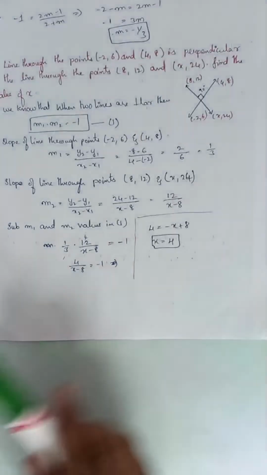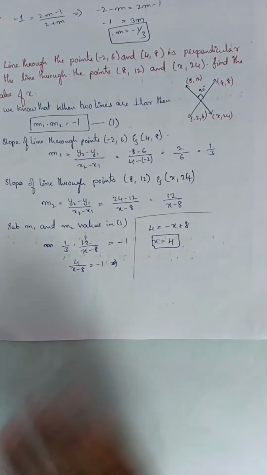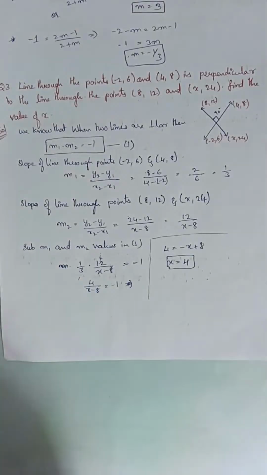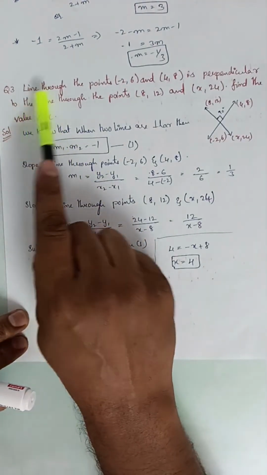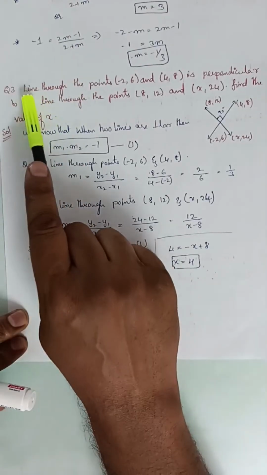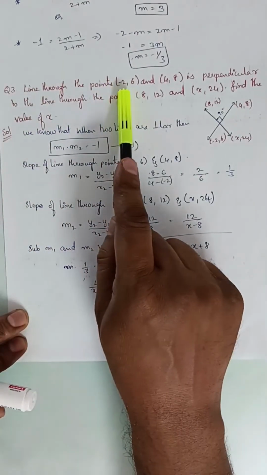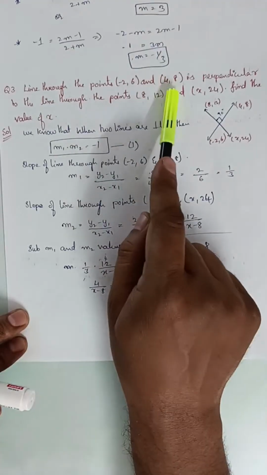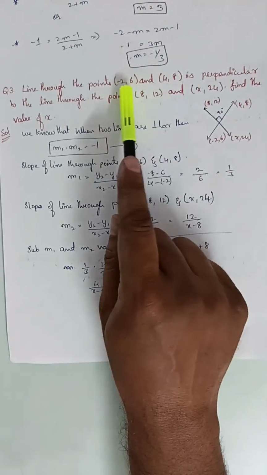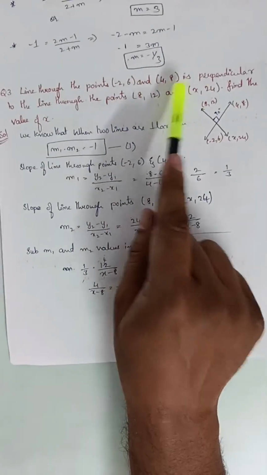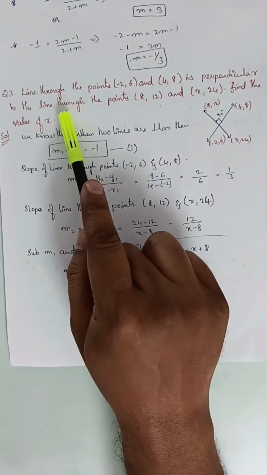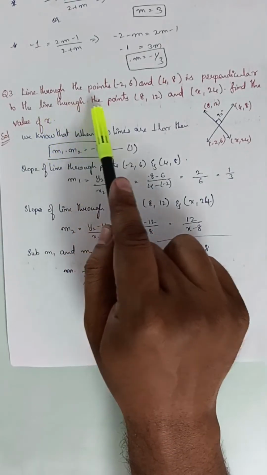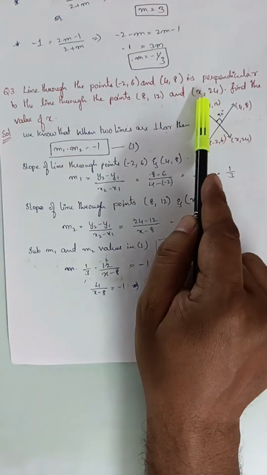Now see, I have got a question for you. If the line through the points (-2, 6) and (4, 8) is perpendicular to the line through the points (8, 12) and (x, 24), find the value of x.